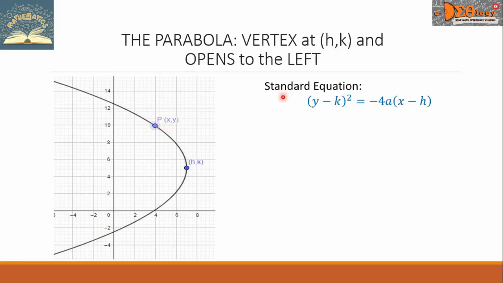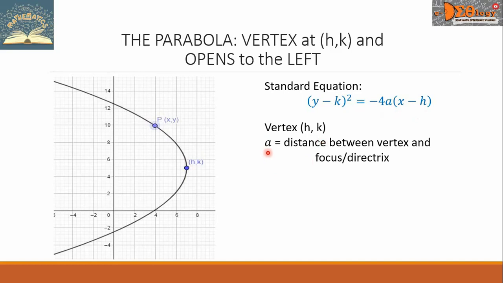The standard equation of this parabola is the square of (y minus k) on the left side equals negative 4a times the quantity (x minus h). Again, we say that the vertex is at (h, k).